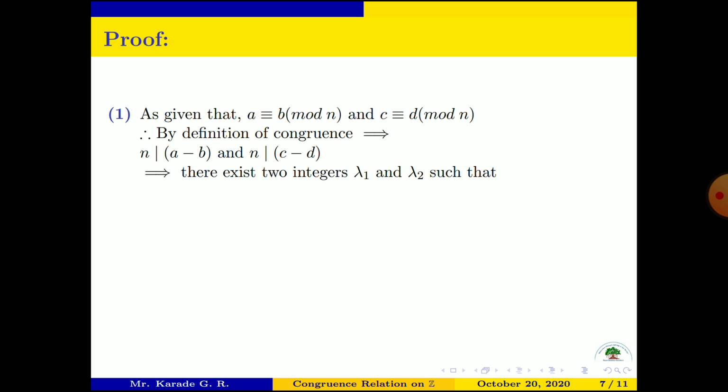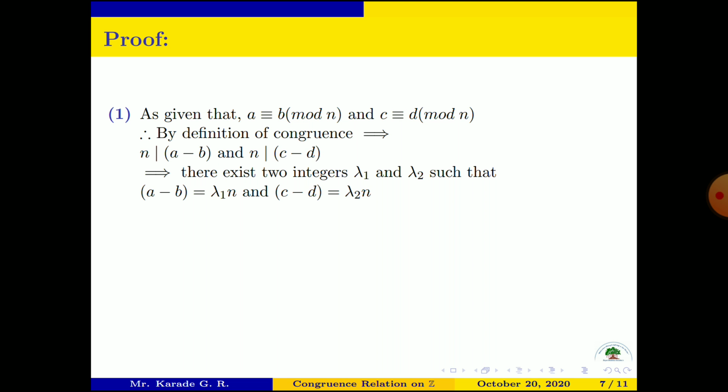Therefore there exist two integers, say lambda 1 and lambda 2, such that a minus b is equal to lambda 1 times n and c minus d is equal to lambda 2 times n. Means a minus b is in multiple of n and c minus d is also in multiple of n. So in this first case, we show that a plus c is congruent to b plus d mod n.